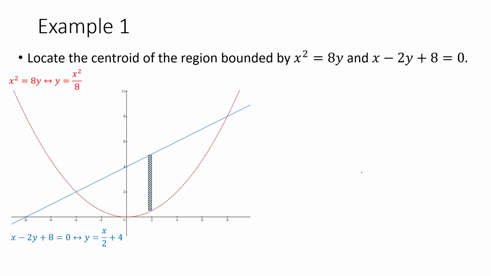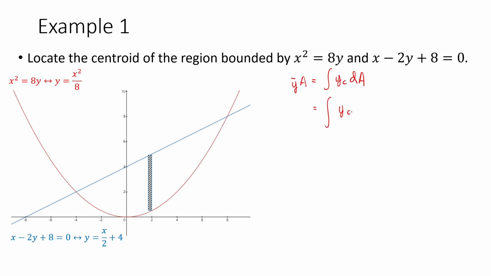Okay, so for bar y, again, the formula for bar y is the same as your bar x, but this time you're going to have y sub c. So y sub c times the differential area. Again, our differential area is the vertical strip.